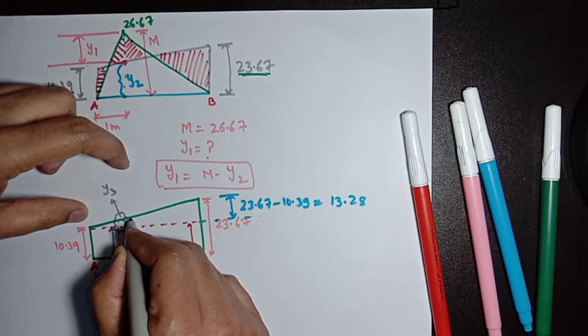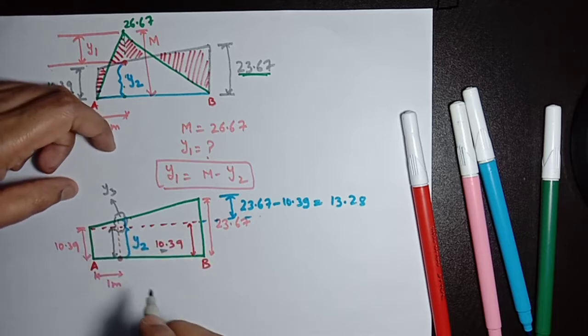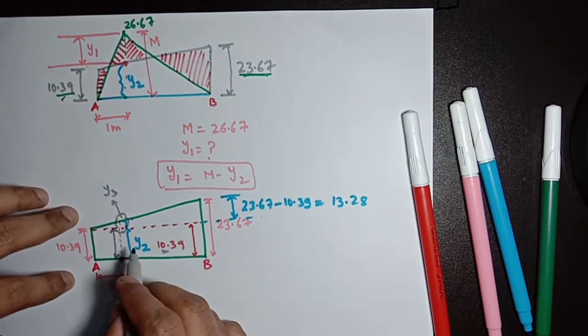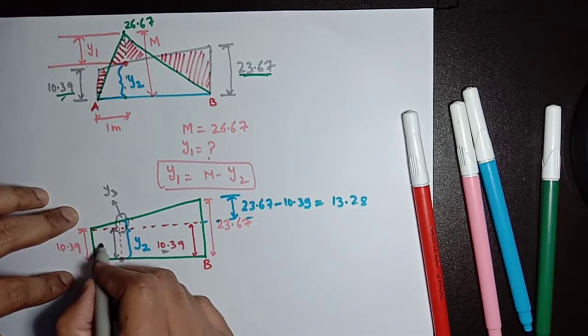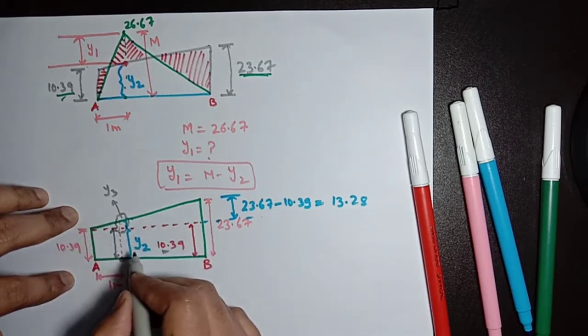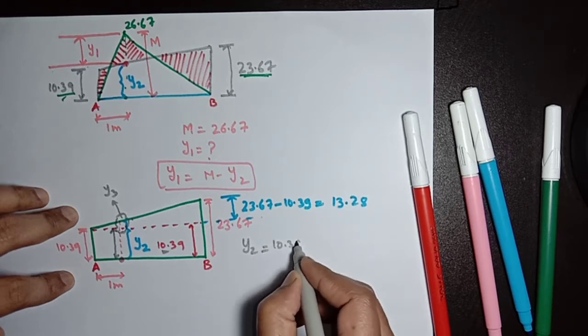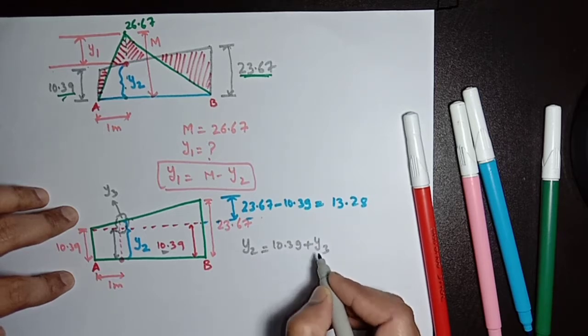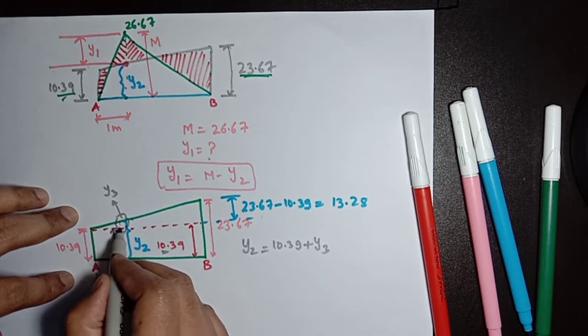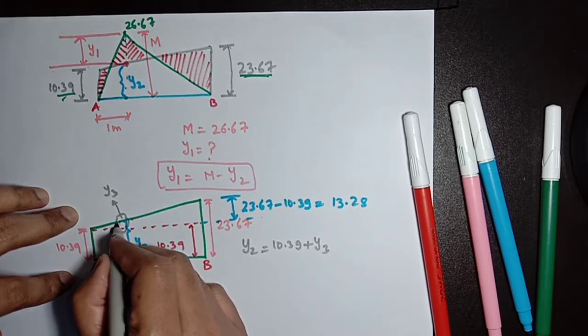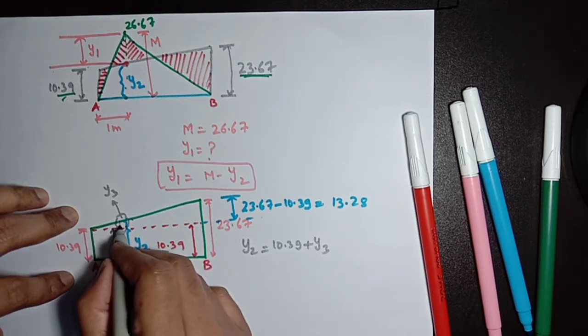Then y2 will be 10.39 plus y3. Y3 is this one.